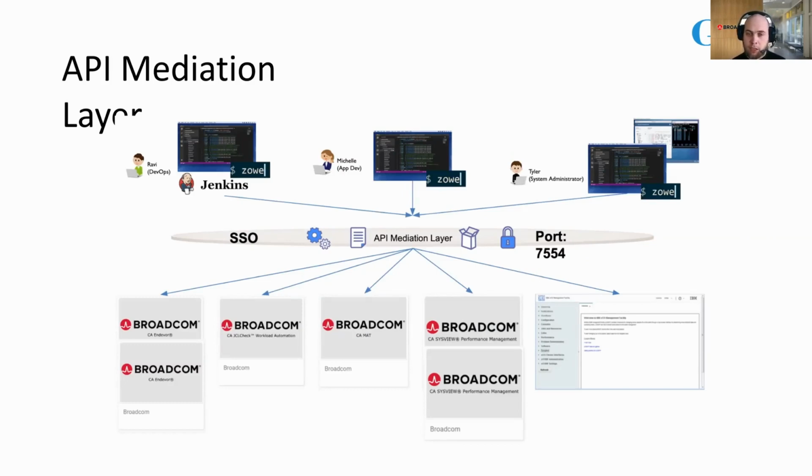Another one is the single sign-on, meaning that the API mediation layer can accept many different methods from the outside. So you can provide the client certificates, you can use the personal access tokens, or you can just use the regular JWT tokens, and then exchange this for the method of authentication that the downstream or southbound services can understand.